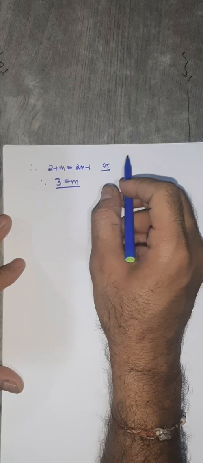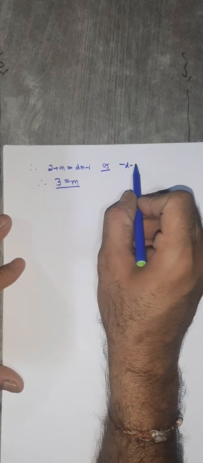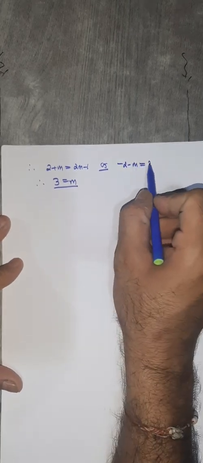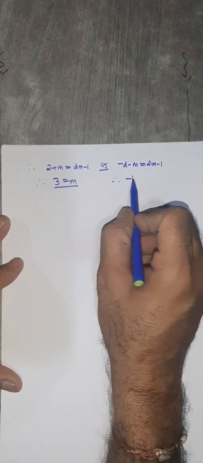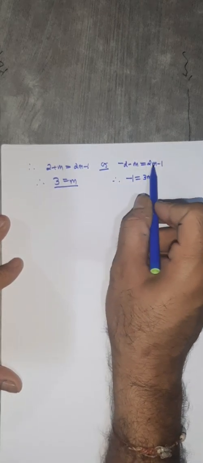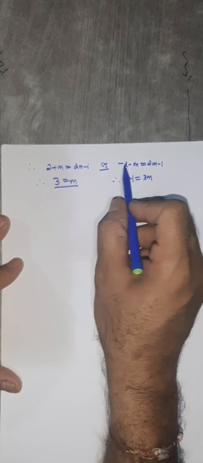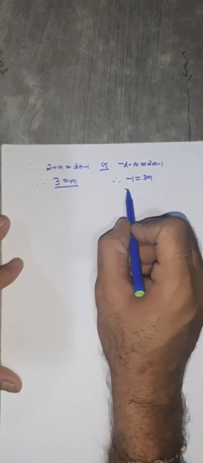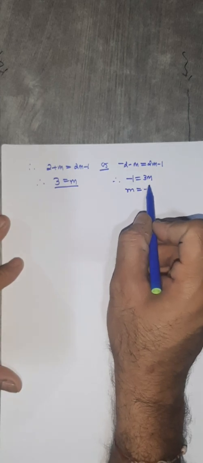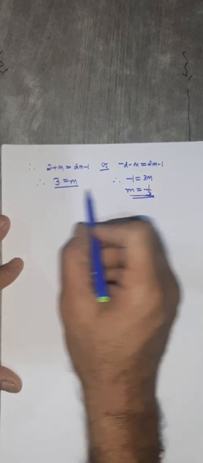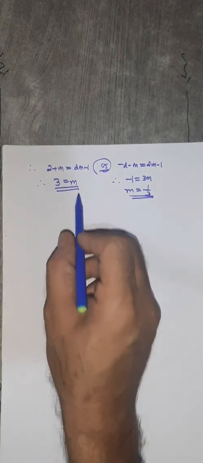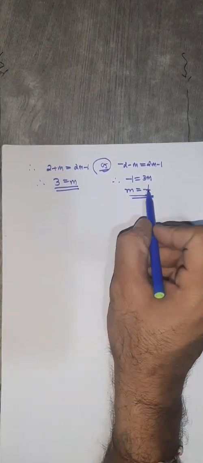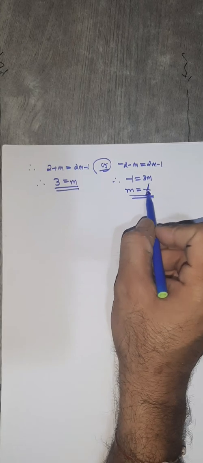Or, minus 2 minus m equals 2m minus 1, so minus 1 equals 3m, and therefore m equals minus 1 upon 3. That means there are two possibilities: the slope is either 3 or minus 1 upon 3.